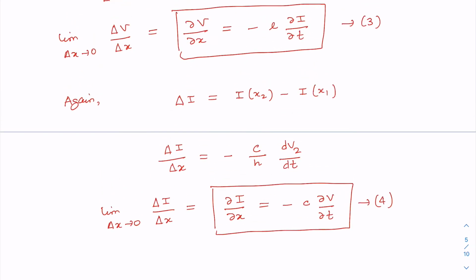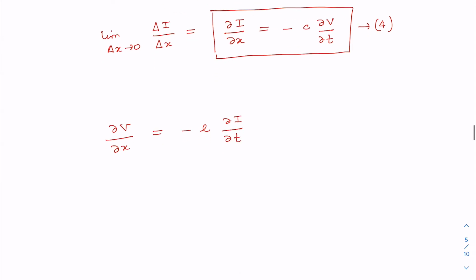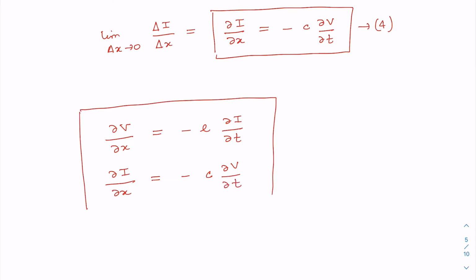So let me write these two equations separately. Basically we have two equations: one for voltage, how the voltage is changing with distance, del V by del x equal to minus l del I by del t, and del I by del x equal to minus small c, capacitance per unit length, del V by del t. These two equations we are now going to exploit.